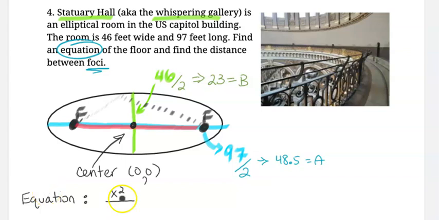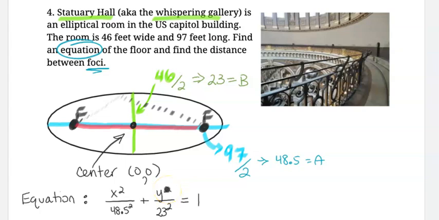So we'll have x squared over, and really it doesn't matter so much, as long as your drawing matches what we're about to write, we're good. So I'm going to write x squared over 48.5 squared plus y squared over 23 squared equals 1.